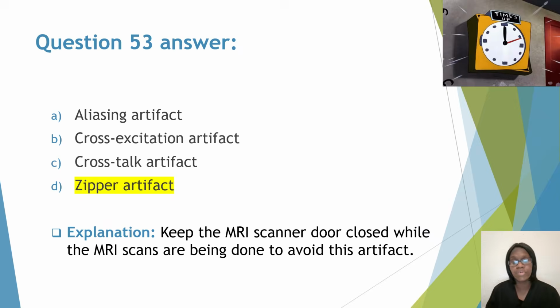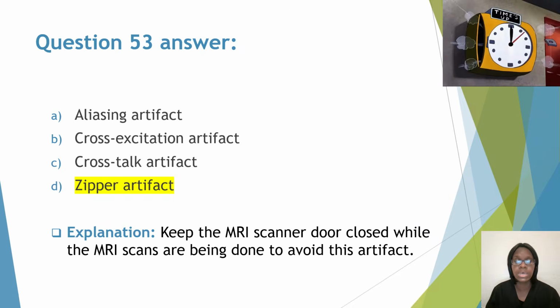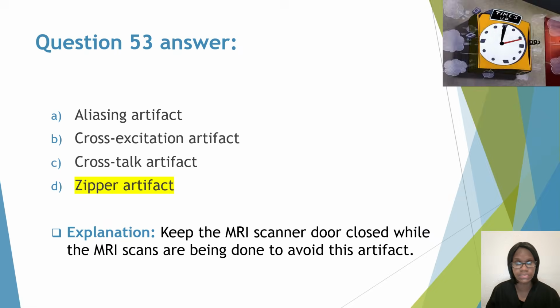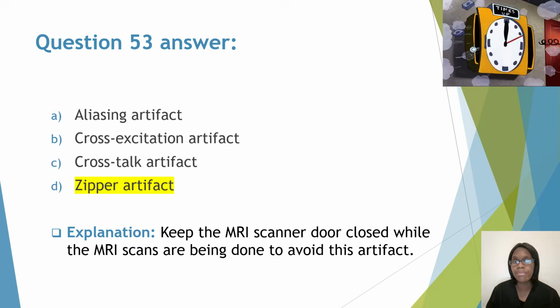So the best way to avoid this type of artifact is to keep the MRI scanner door closed while you are scanning your patients. Also, if you do not see a lot of artifact questions in this video, it's because I've already made a full video just about artifacts only. I do have more in this video, but just in case you don't see all of the artifacts in here, that's why.